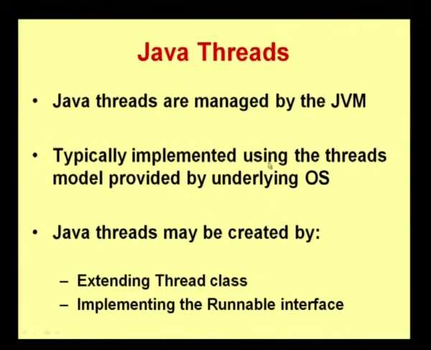This Java virtual machine manages these Java threads. It is typically implemented using the thread model provided by the operating system you are working with. Java threads may be created by extending the Thread class or implementing the Runnable interface. I suppose you would have worked with Java programs and might have a basic knowledge of them.